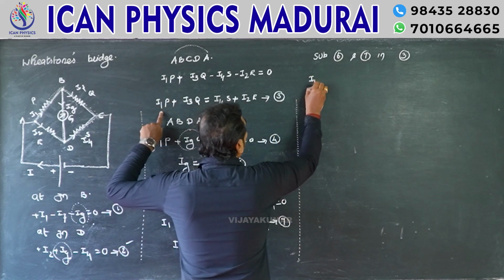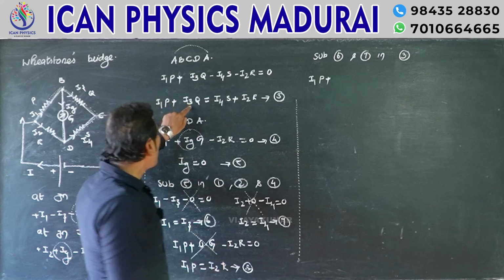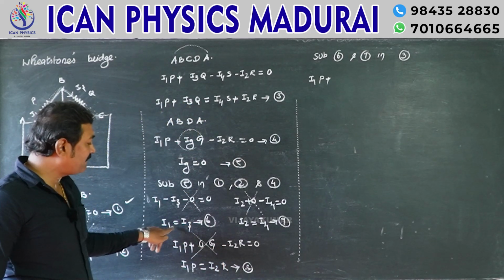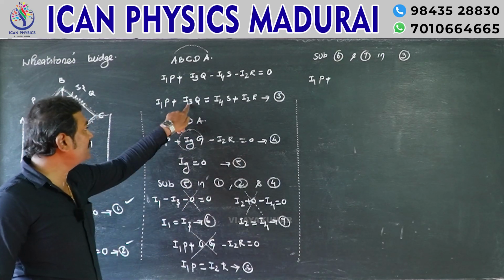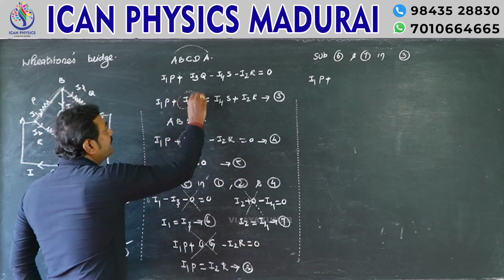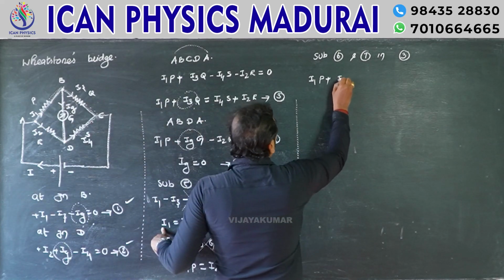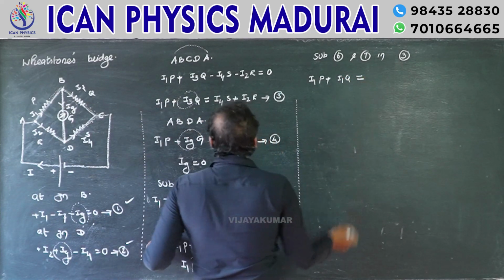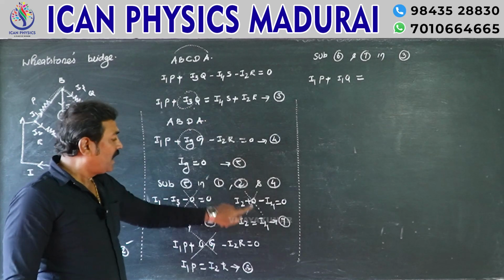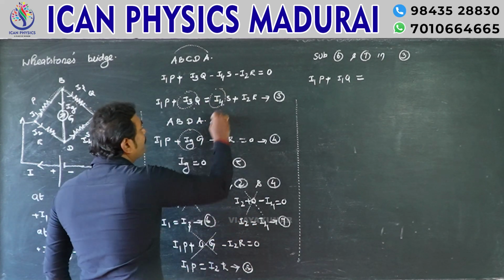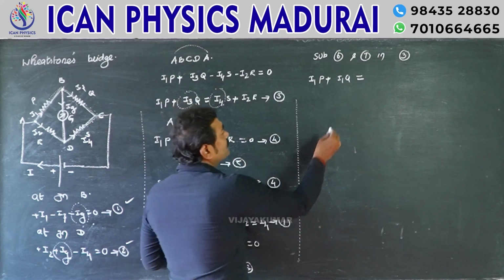So what is 3? I1P plus I3Q. What is the value of I3? I1 equal to I3, so instead of I3, I can write I1. So I1Q plus, I4 equal to I2, so instead of I4, I can substitute I2.